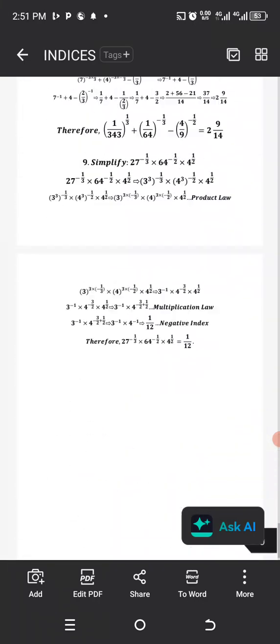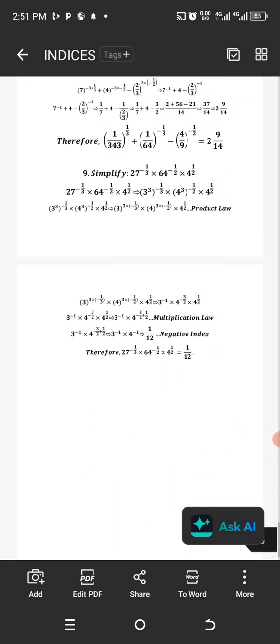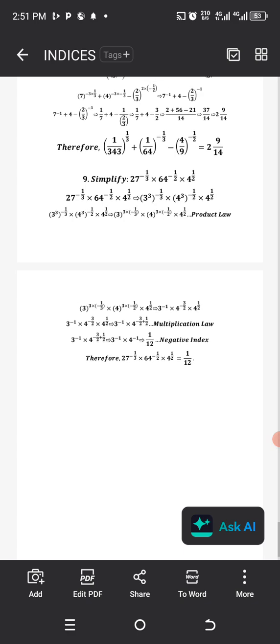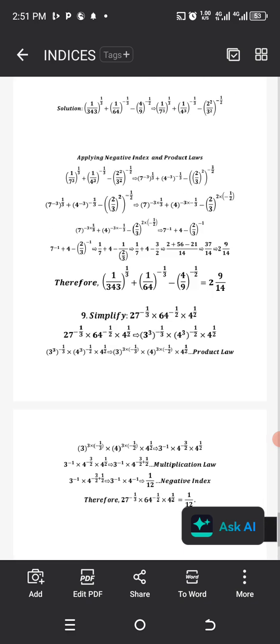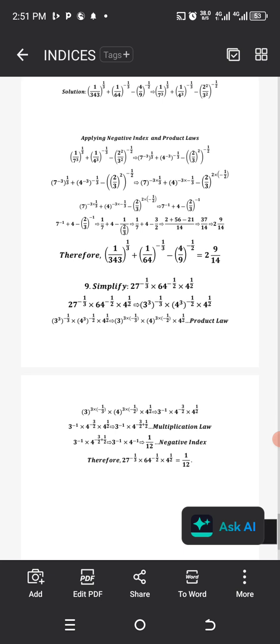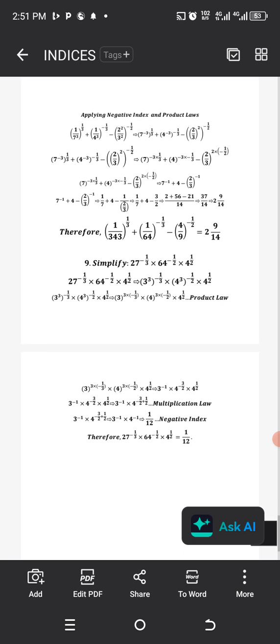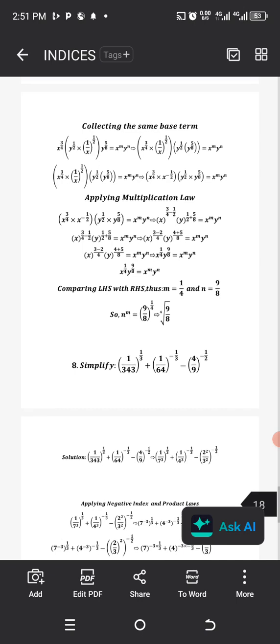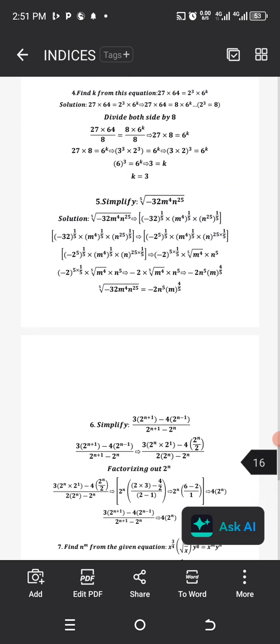So let me start from the end and head at the beginning. So look at it, you can zoom in when you are watching the video, it will be more clearer. So check through.